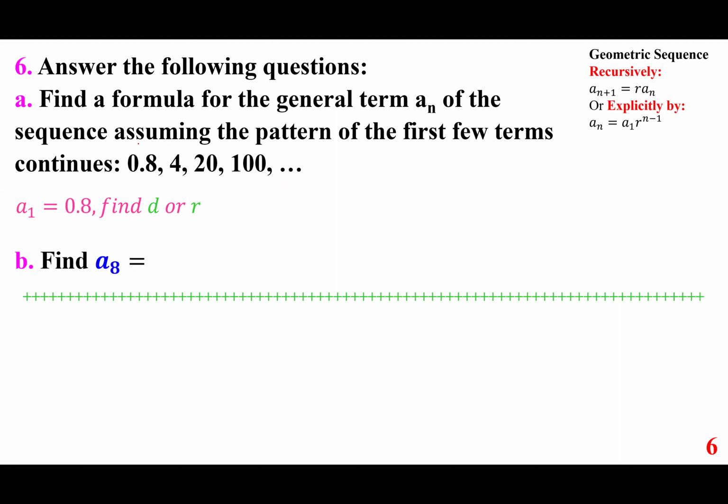A sub 1. This is a sub 2. So let's divide a sub 2 by a sub 1. 4 divided by 0.8, that means 40 divided by 8, that means 5. Very straightforward.